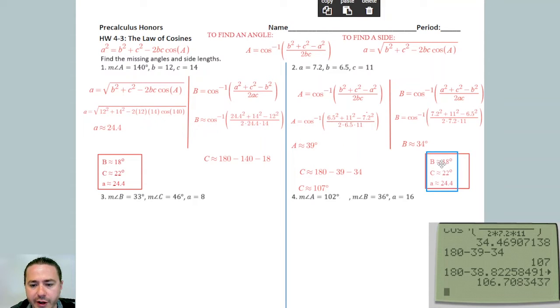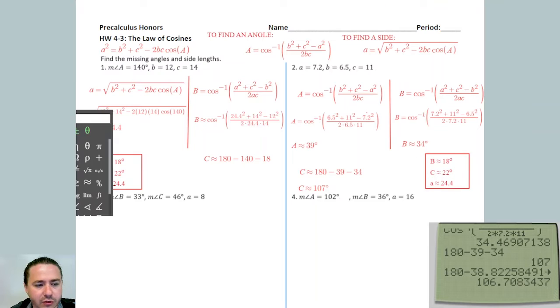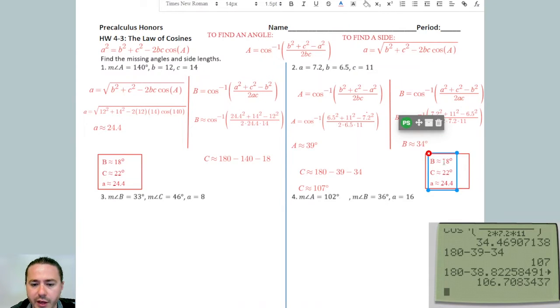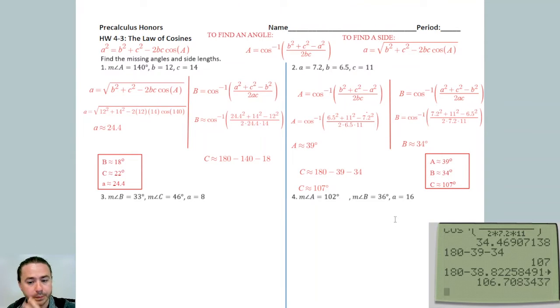Let me just write up the final answer to finish this off here. We've got angle A was 39 degrees, angle B was 34 degrees, and angle C was approximately 107. There we go. Okay. So there's number 2.